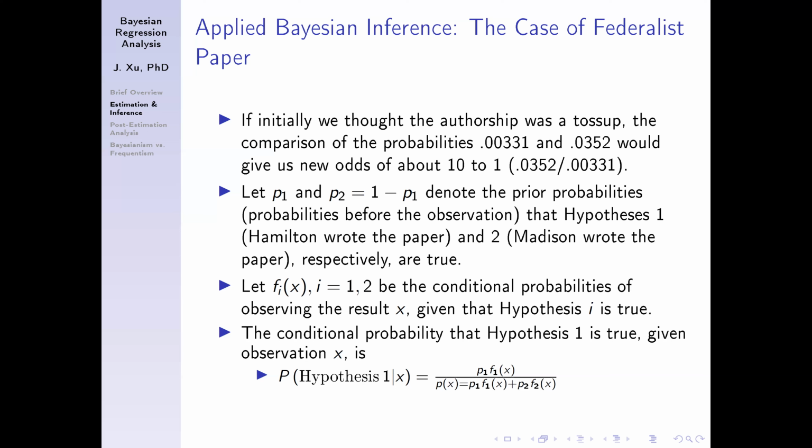P1 is the prior belief or prior probability that hypothesis 1, that is Hamilton wrote the paper, is true, multiplied by the conditional probability of observing a count of 4 in a 2,000 word essay, given that hypothesis 1 is true, and over P of x.